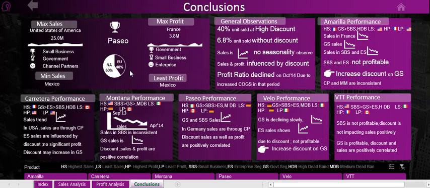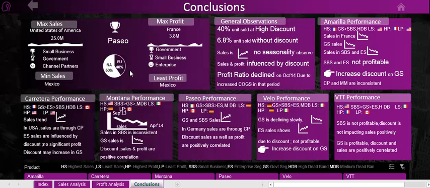However, sales in the enterprise and small business sectors are also declining, though these segments are not profitable. Hence, it is better to increase the discount in the government segment so that sales may increase in that segment.